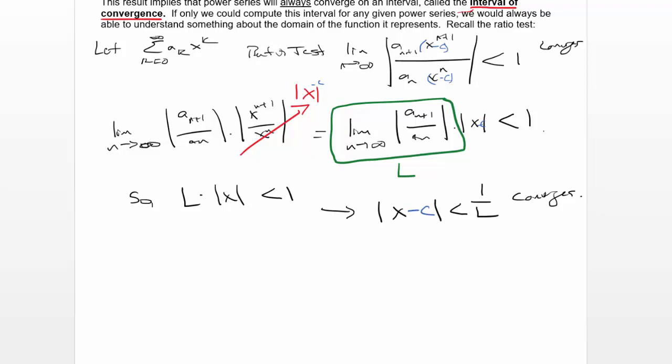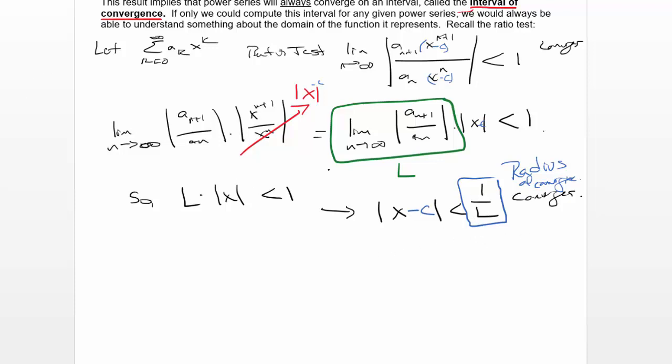In any event, what this tells us is that if we can figure out what L is, or what the limit of the coefficients is, then we'll know how big this interval is. This 1 over L often has a name. The name we give this is called the radius of convergence, because this 1 over L tells us how big the interval is.